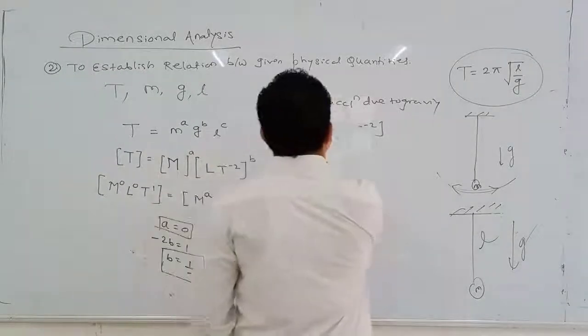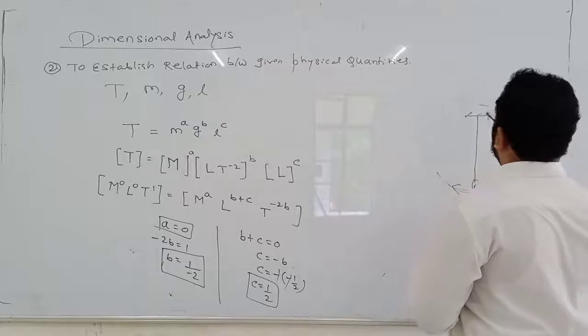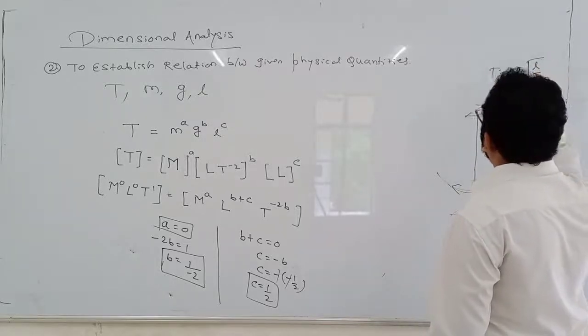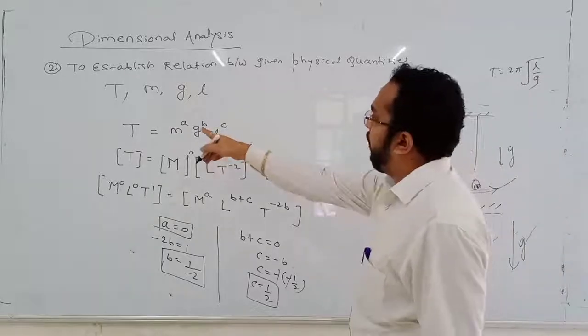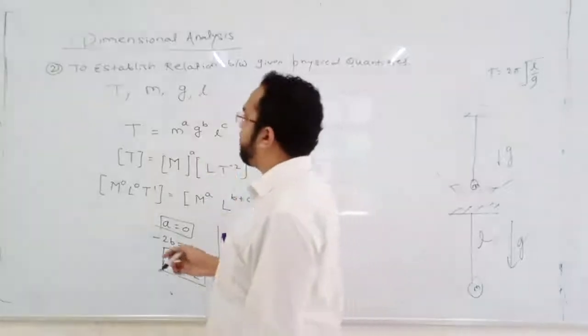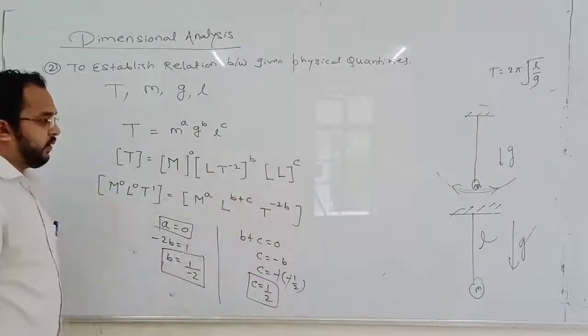Okay. I will explain clearly. First of all, I have assumed different powers A, B and C for the total quantities. Then I have written all the dimensions.